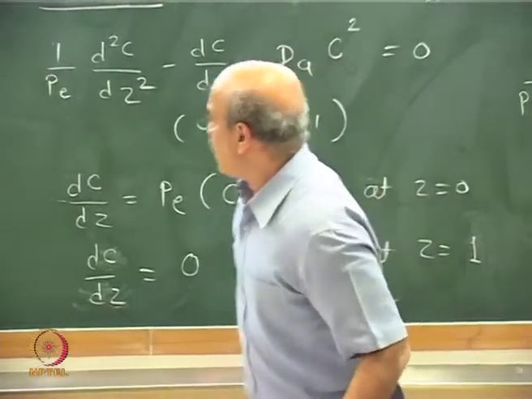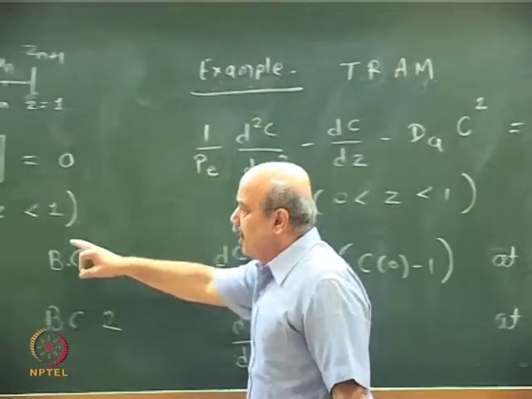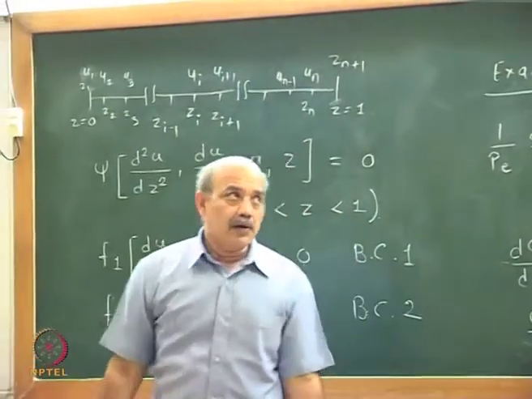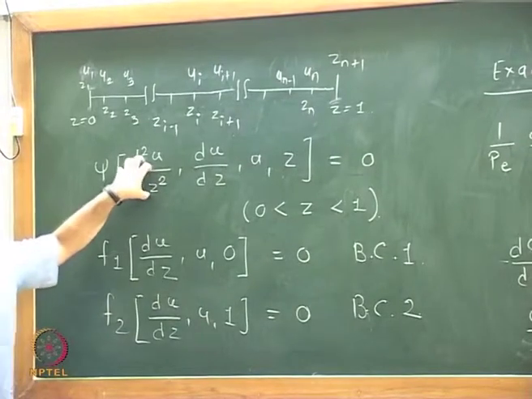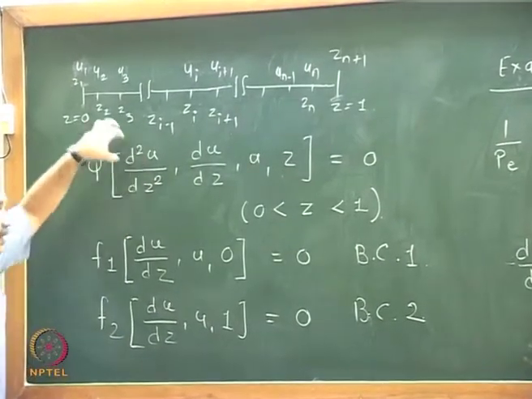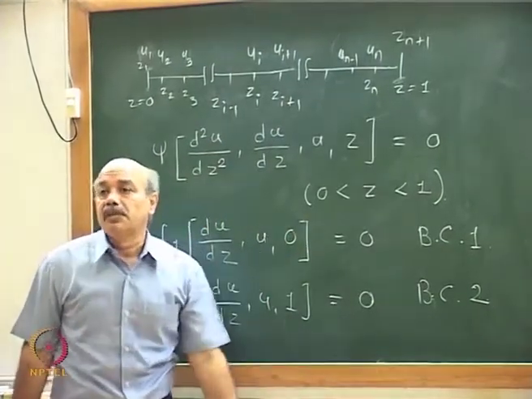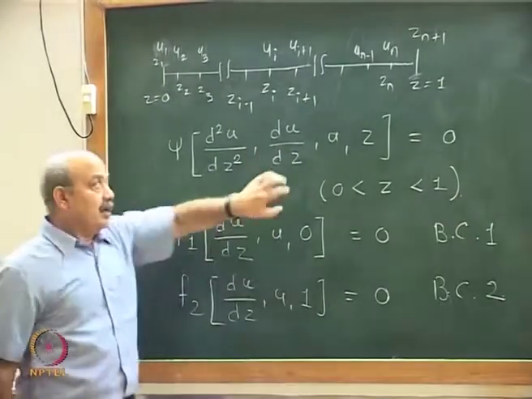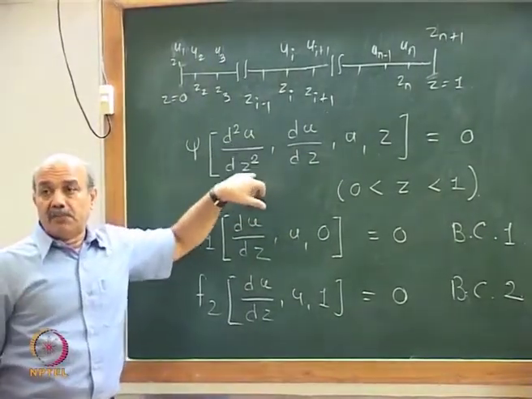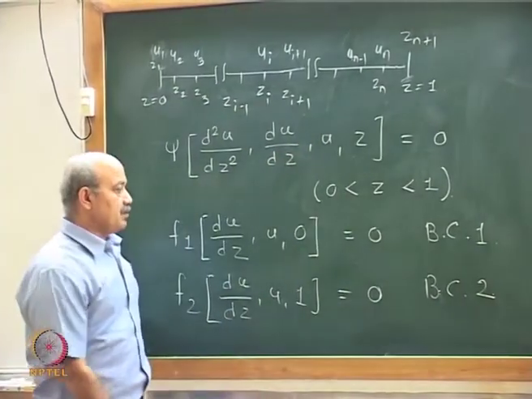So let's do a quick recap. What we have done is we have this second order ordinary differential equation. We have proposed a polynomial interpolation based approximate solution for this dependent variable in terms of the independent variable z, an nth order interpolation polynomial.